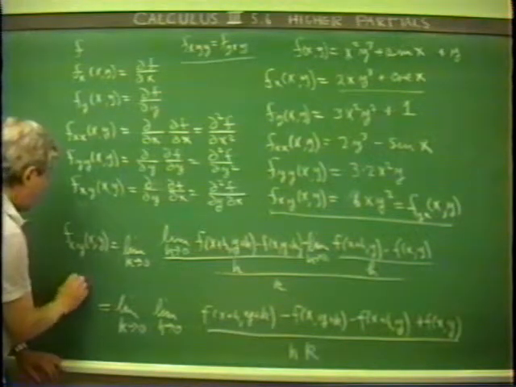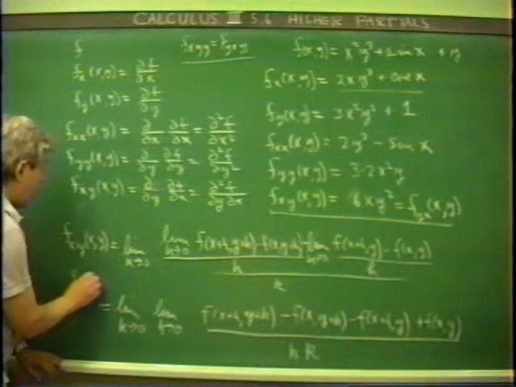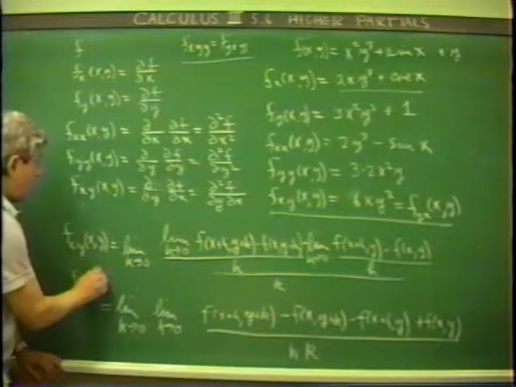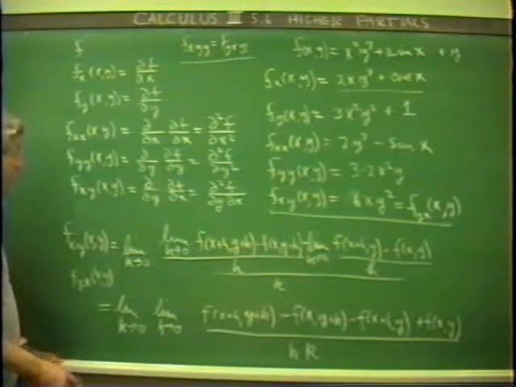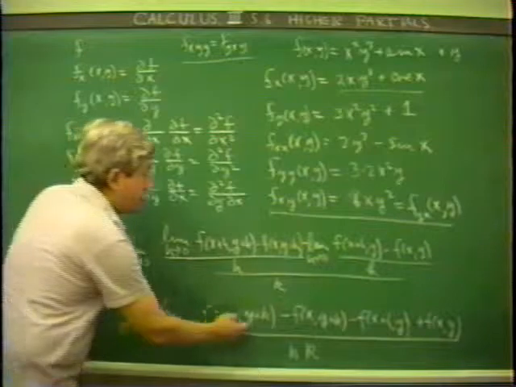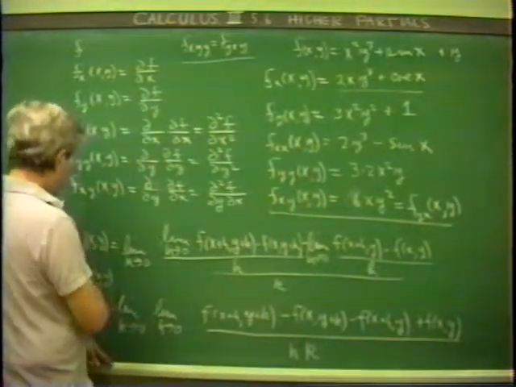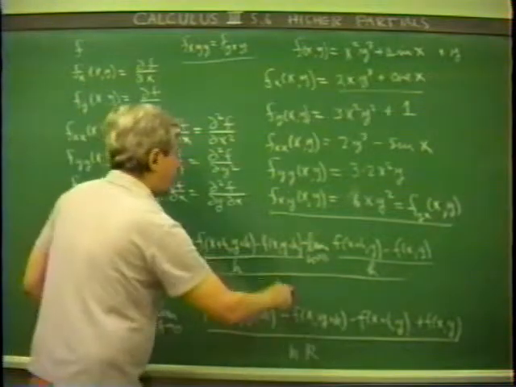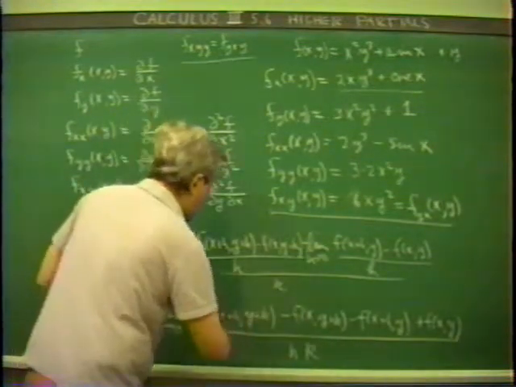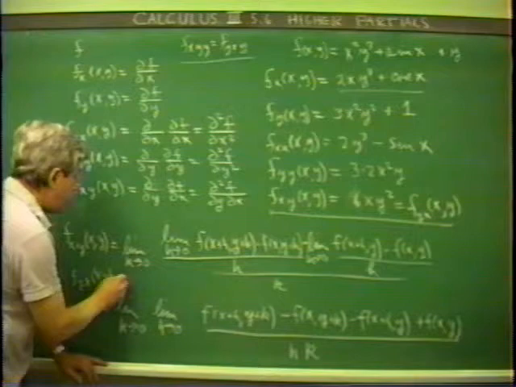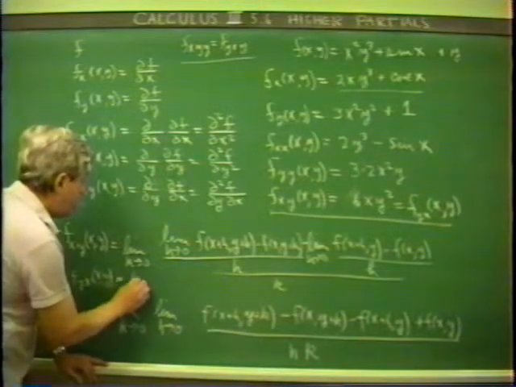Now, suppose instead that we wanted to compute the partial with respect to y and then with respect to x at the point x and y. Well, it would be exactly the same as this. If you write this out in the same manner, you're going to get exactly the same quantity inside here.